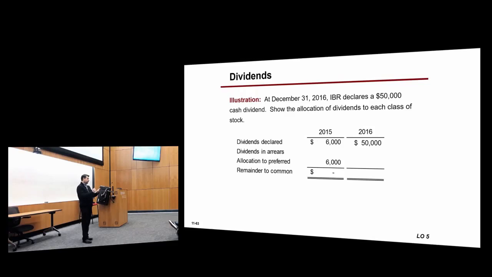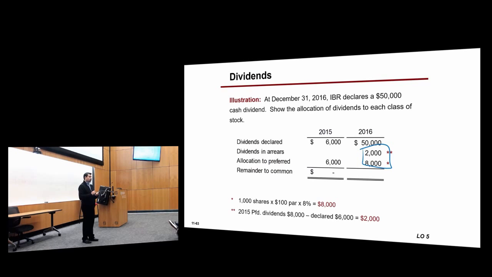The dividend declared is 50,000. Dividends in arrears are 2,000, and the current amount to preferred is 8,000, so that's 10,000 for the preferred. The difference between that amount and 50,000 is 40,000. This is the amount that will be distributed to common stock.